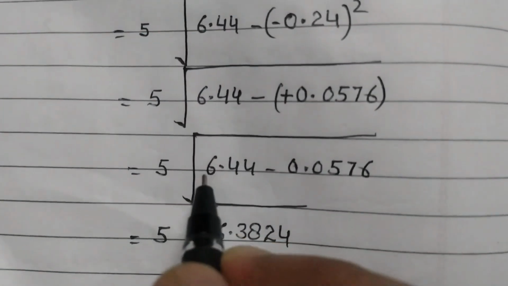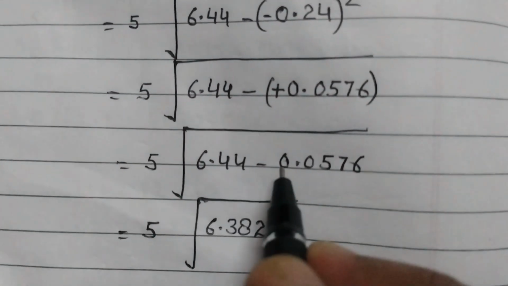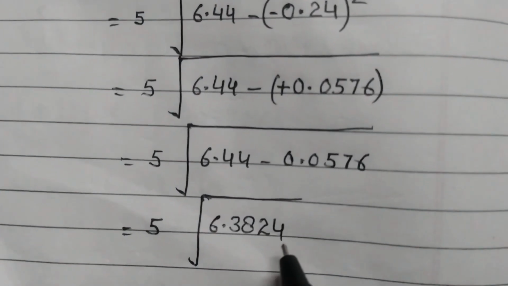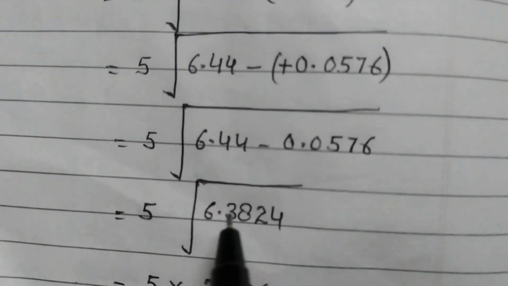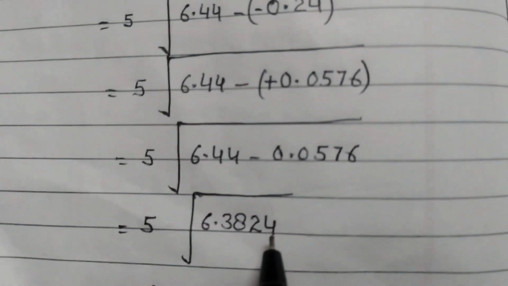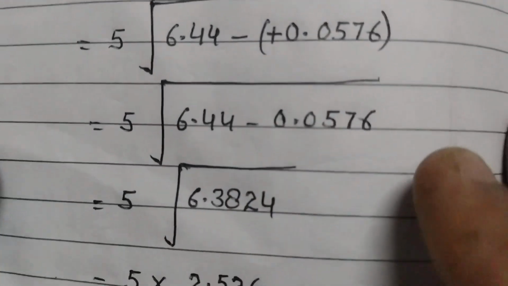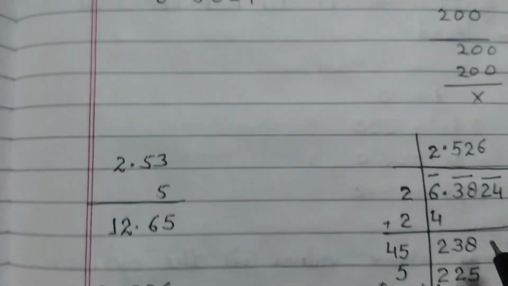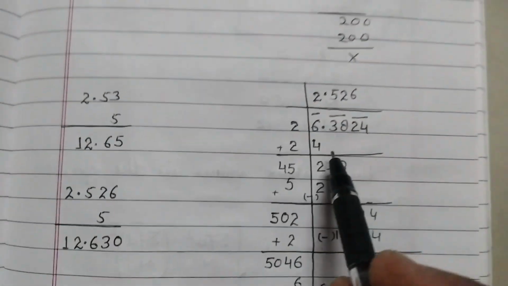Now subtracting 6.44 minus 0.0576, we have 6.3824. And under root of 6.3824, I have worked out here. In this way I have calculated.